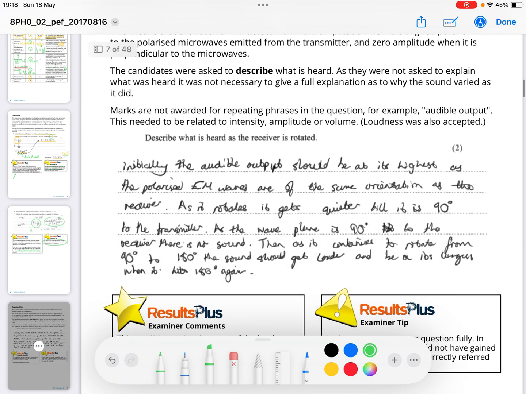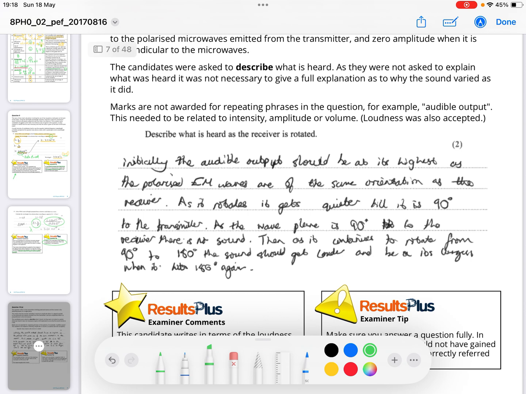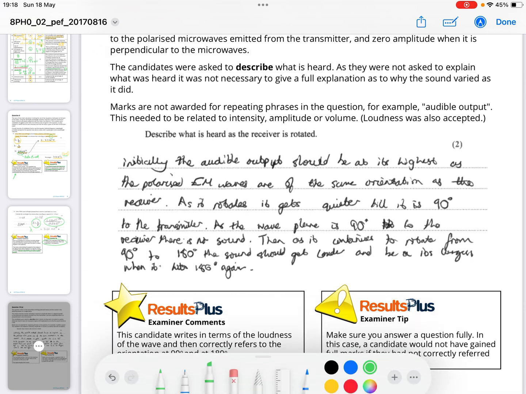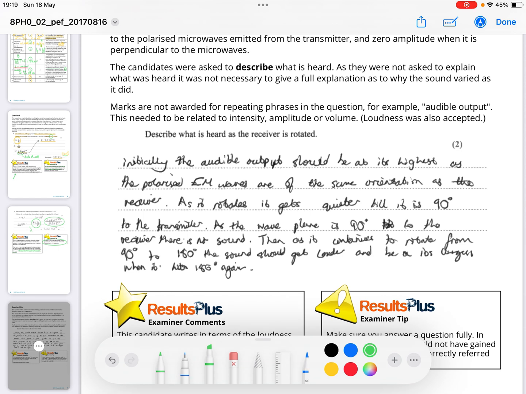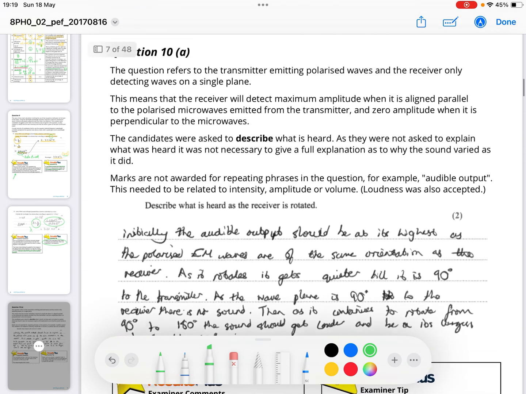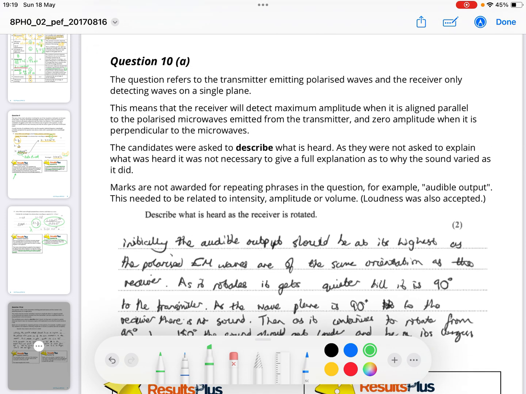Question 10a, it's about polarization, using a transmitter and a receiver with microwaves. Okay, so I think you'll have to look at your question for this. The question is to describe what is heard as the receiver is rotated.